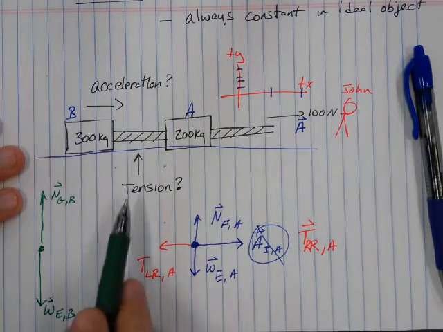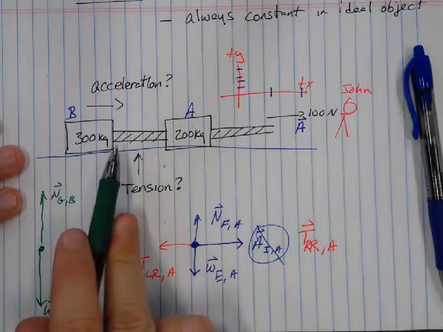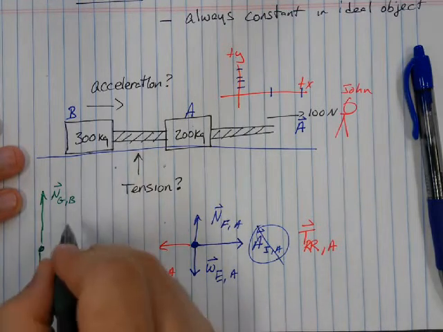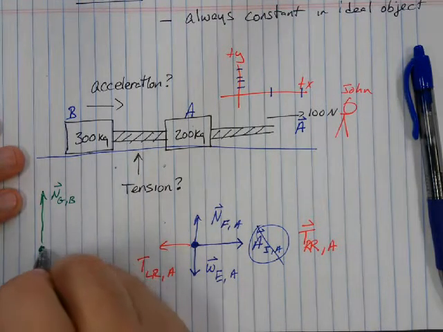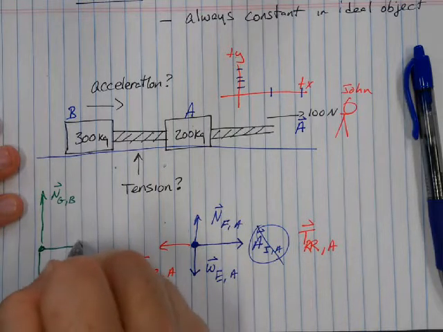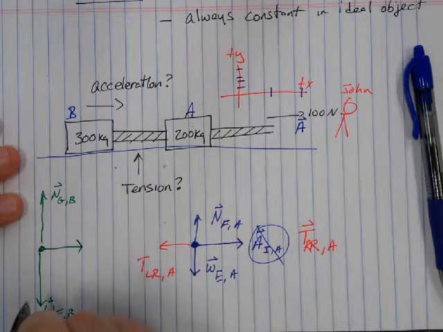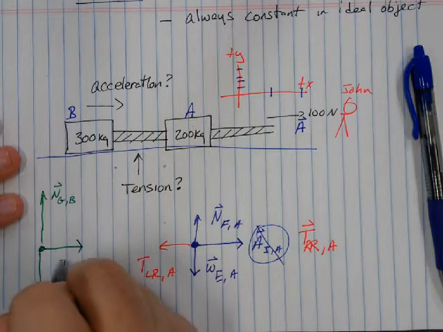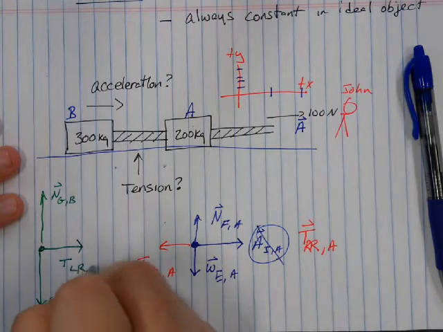And then this rope has to be pulling the block. So there has to be a tension. And this is the tension by the left rope on B.